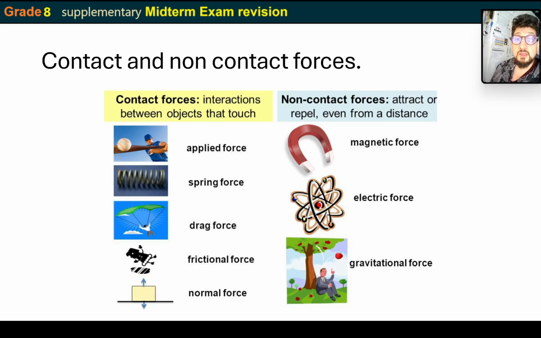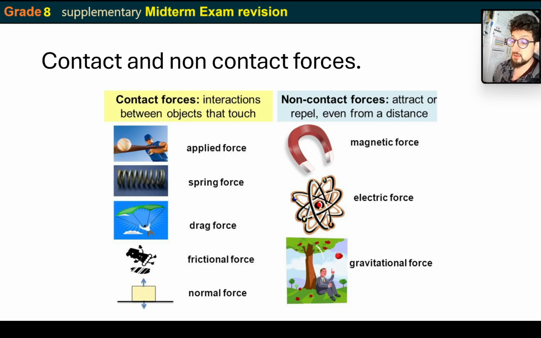But if you feel like you need a bit more help, then you can go and research those topics. I wouldn't spend countless hours going through every single thing. What I would do is make a mental note or an actual note of the topics that I'm struggling with, and I would go back and start with these first. Okay, so let's just go through it and see how you get on.